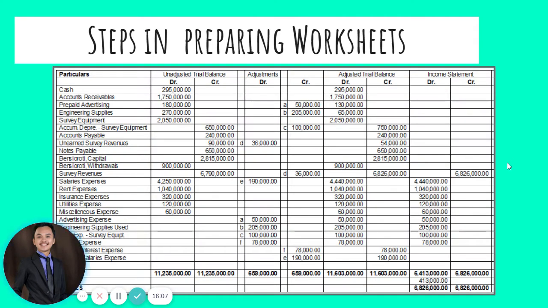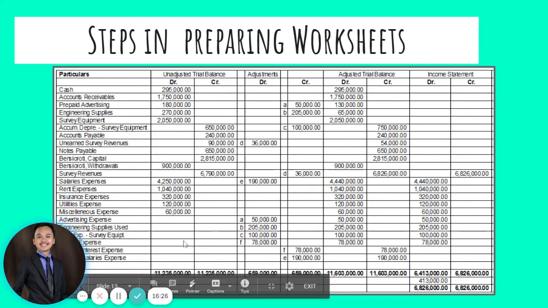So we will now extend to the income statement. Okay, let's start with the income statement. Again, what are the components that will be reported in the income statement? It is our revenue and expense accounts. So you just simply determine and check all your expense and revenue accounts and then transfer them to the income statement. Okay, you just simply copy it.